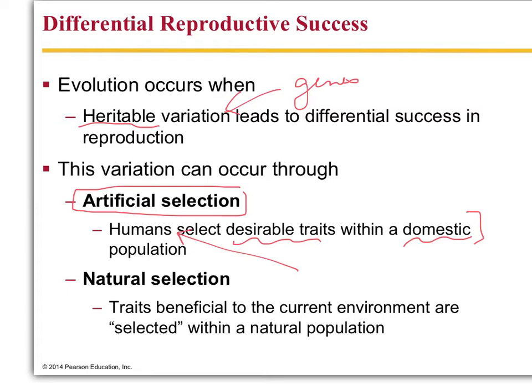And those variations can occur either by natural selection, which means that's just two animals getting together, or two corns getting together, or two whatever's getting together, or through human manipulation using artificial selection.